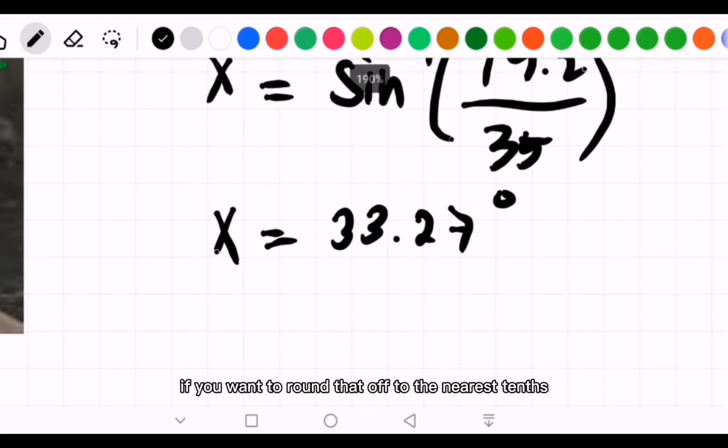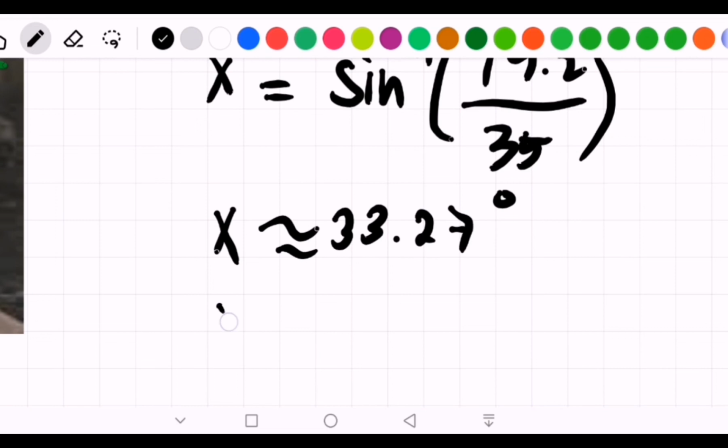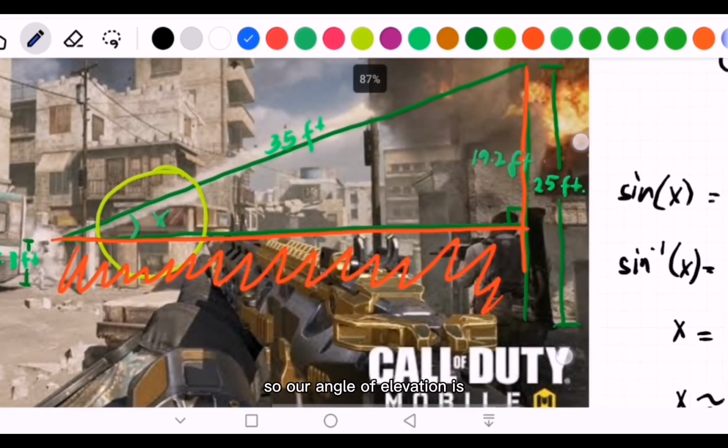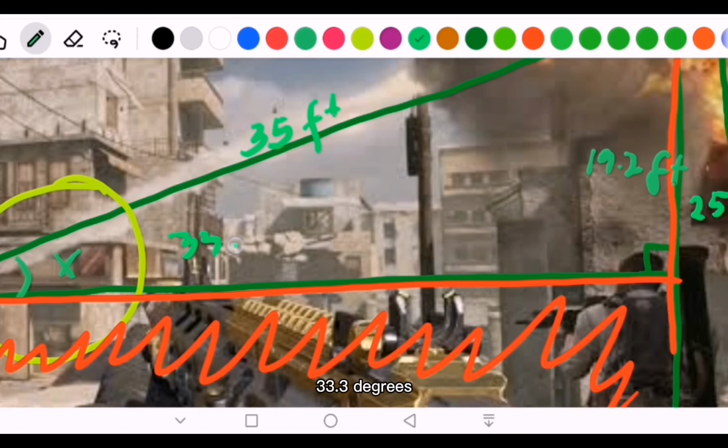If you want to round that off to the nearest tenths, that will be 33.3 degrees. So our angle of elevation is 33.3 degrees.